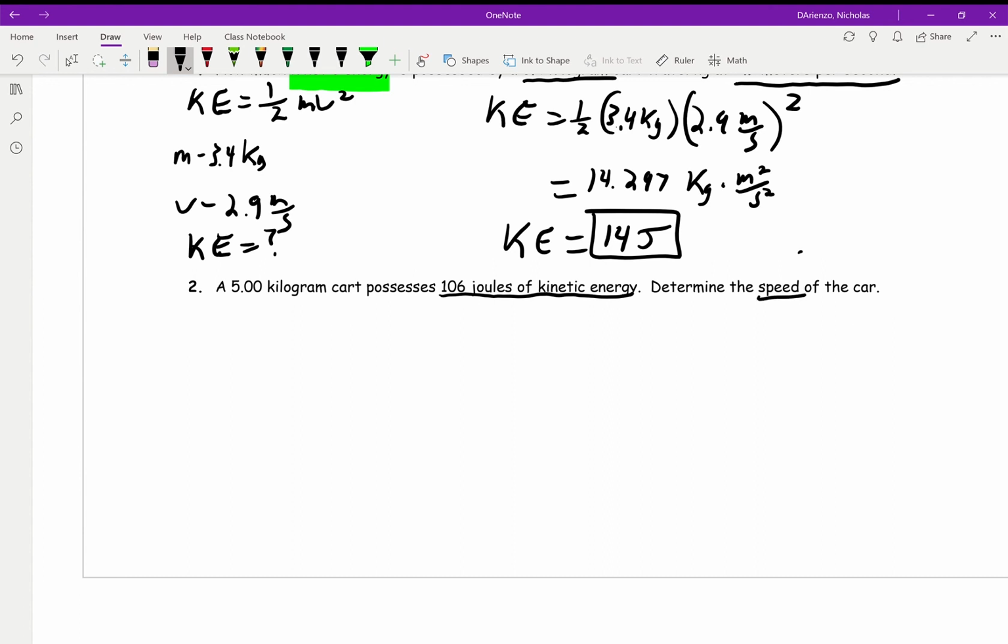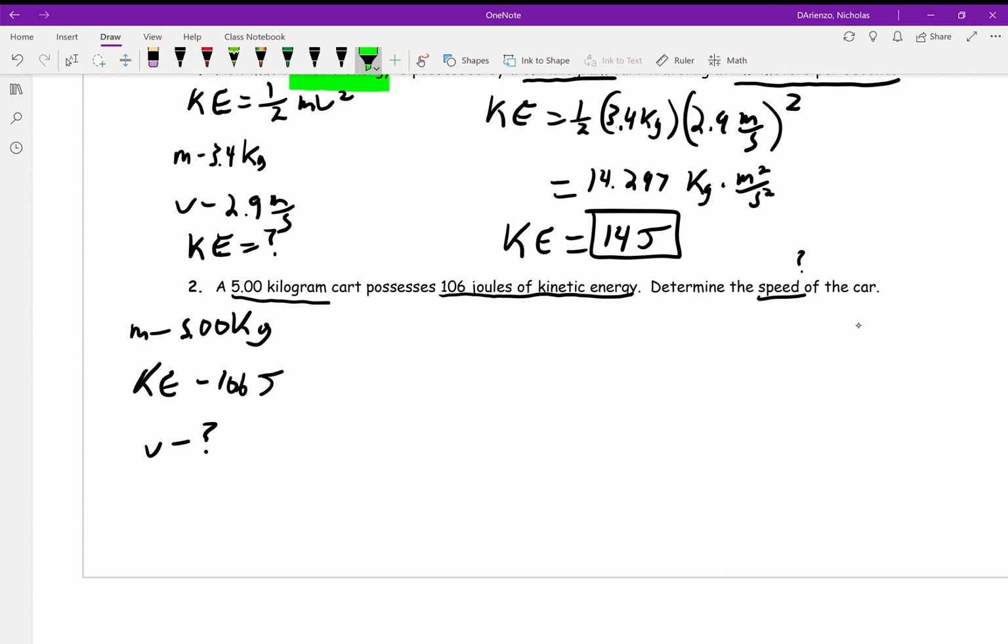We don't know that, but we do know the mass of the cart. So let's start there. We know the mass of the cart is 5.00 kilograms, and we know that it possesses 106 joules of energy. However, we do not know the speed at which that cart is traveling.